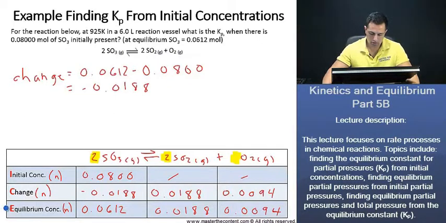We'll change our equilibrium amounts from moles to molarity, and once we have the molarities at equilibrium, we can find the equilibrium constant for concentrations. And once we find that, we can then relate it to the equilibrium constant for partial pressures. Wonderful.